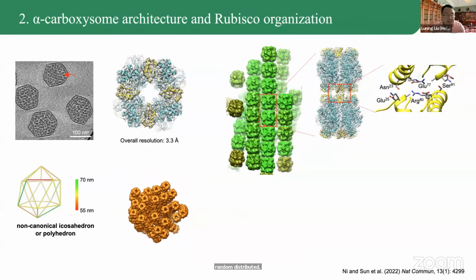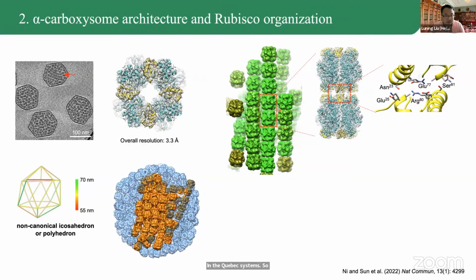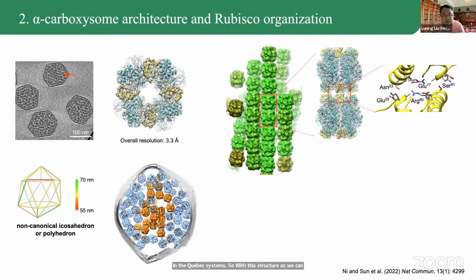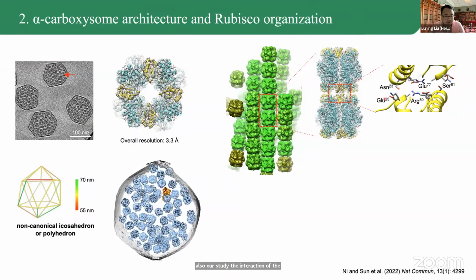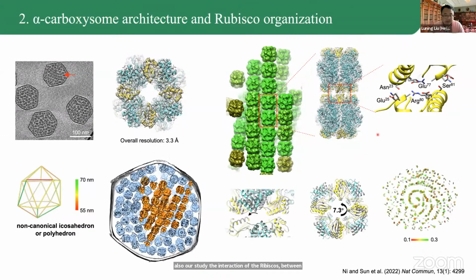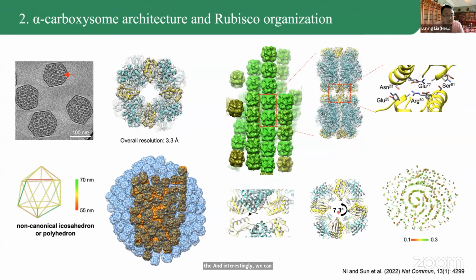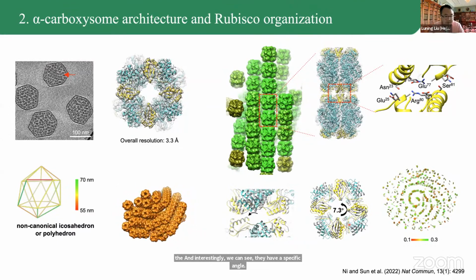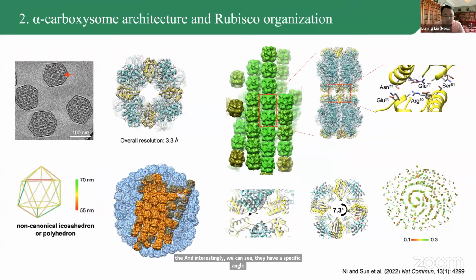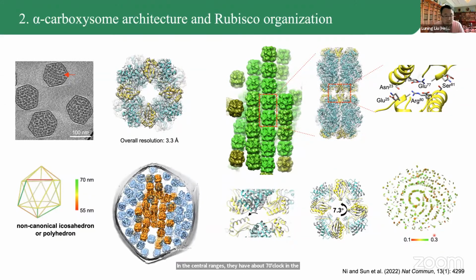With these structures, we can also study the interactions between neighboring Rubiscos and the key residues that are driving the Rubisco-Rubisco interactions. And interestingly, we can see Rubiscos have a specific angle in the central regions. They have about 7.3 degrees of twisting to determine the overall spiral-like structure.